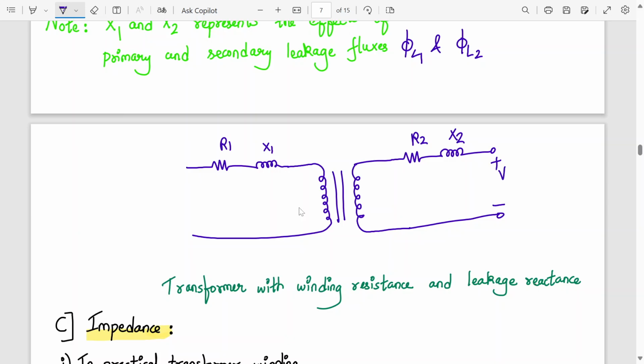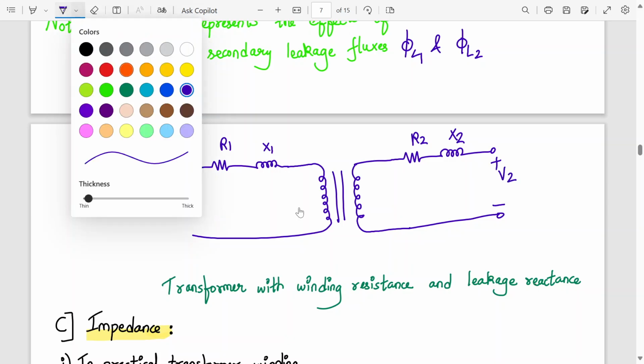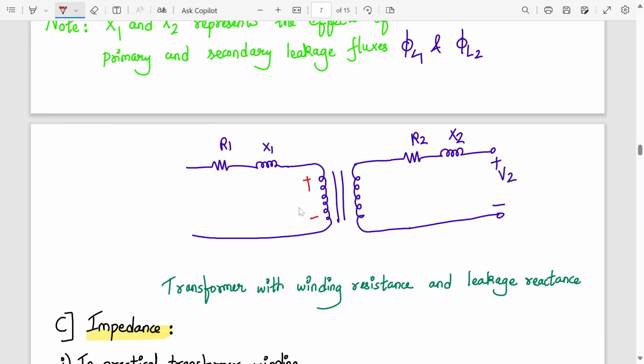This is my V2. Then we have here E1 and E2. Here we have current I1 flowing, here current I2 is flowing, and this is V1. So this is the transformer with winding resistance R1 and R2 and leakage reactance X1 and X2. So please complete this diagram.